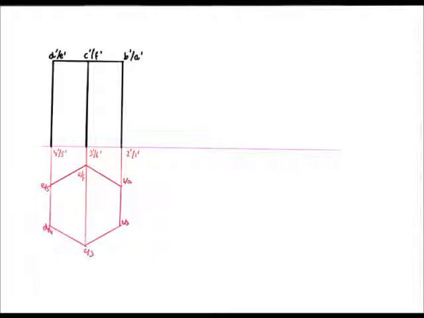Here you can easily see that we've made this projection wherein the front view and the top view are both seen. This is the initial condition only.